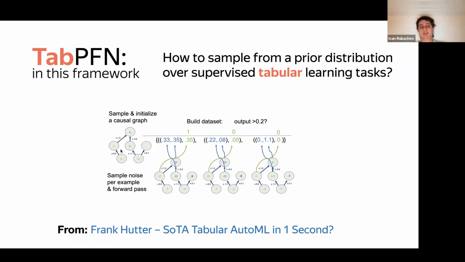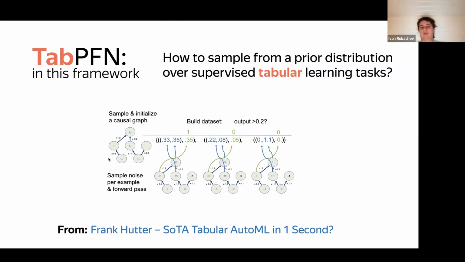We can model connections anyhow we want. Then we assign which of the nodes in this sampled causal graph would be the input features, in this case x1 and x2, and which node would be the target. It could be that features depend on a target, and target depends on some unobserved variable that is the input in this causal graph.